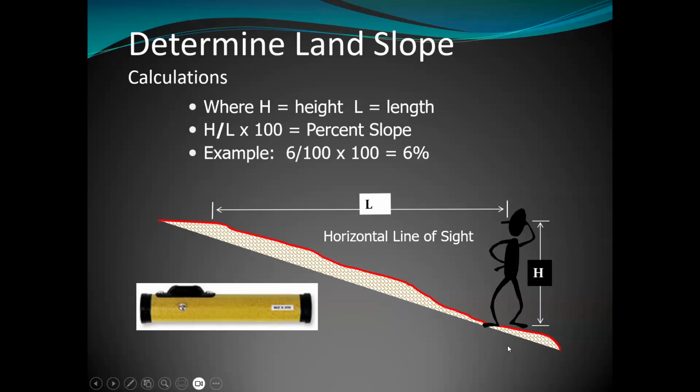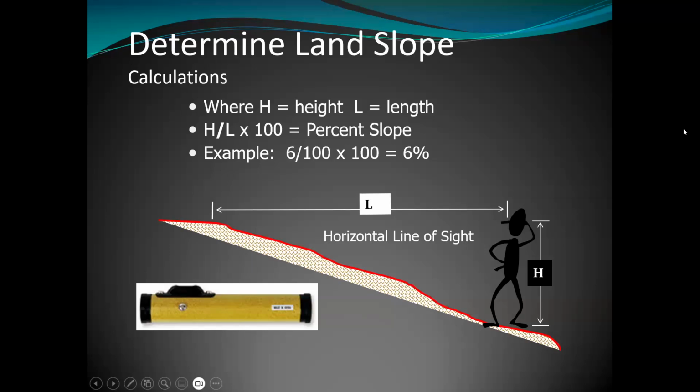For instance, if I am here measuring back, this is an old level that you could sight through. You know you're meeting the ground here, you're 100 feet away, and you're 6 foot tall to your eye. So a change of 6 feet of height over 100 feet is 6 out of 100, which is 6%. You can also calculate that.